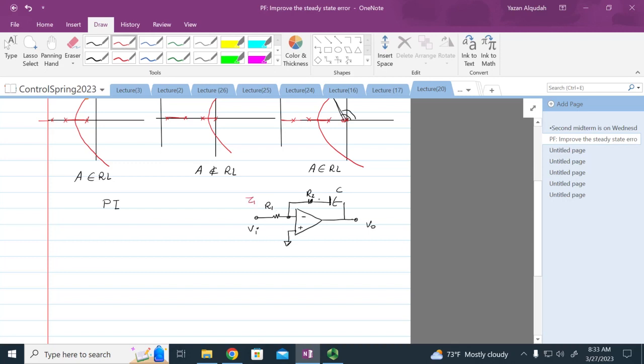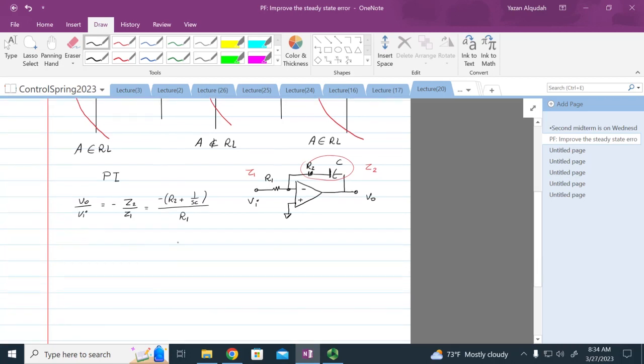This is Z1, this is Z2, and the output over the input is equal to negative Z2 over Z1, which is equal to negative R2 plus 1 over SC divided by R1, which we can write as negative R2 over R1 multiplied by S plus 1 over R2 C, divided by S.